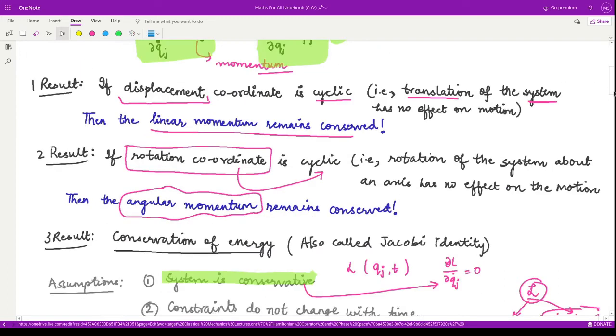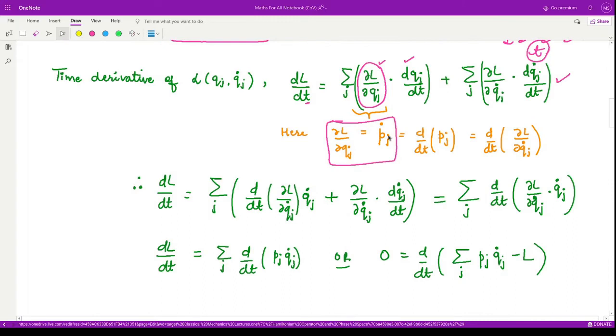So we obtain at the end del L by del qj, which is equivalent to d by dt of del L by del qj dot. So we'll substitute this value over here and see what we get.